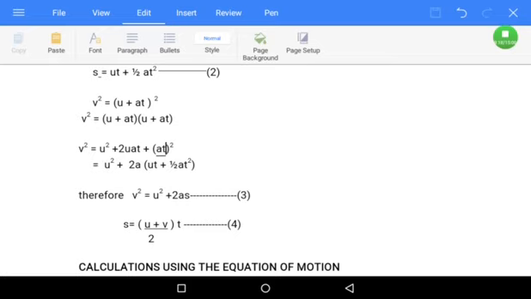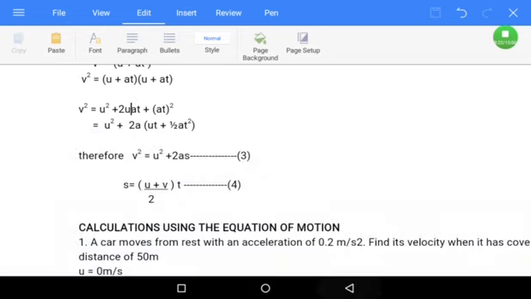Now if I factorize 2a from these, if I bring out 2a, what will I have? 2a, and in this I'll be left with ut. Now don't forget that there is no 2 here. If I bring out 2 as if 2 is there, it means I'm multiplying this by 2, so I'll have to also divide it by 2 to cancel the first multiplication. So I'll be having half at squared.